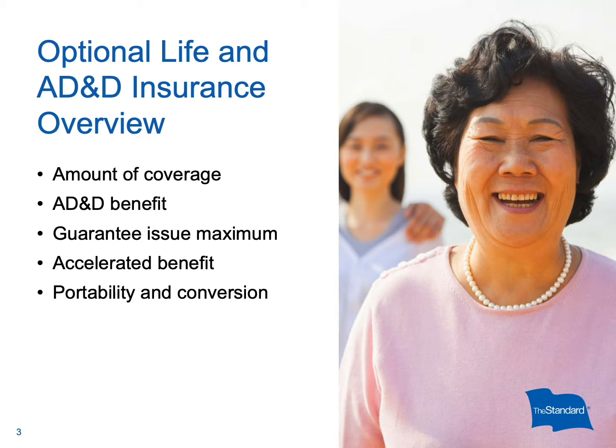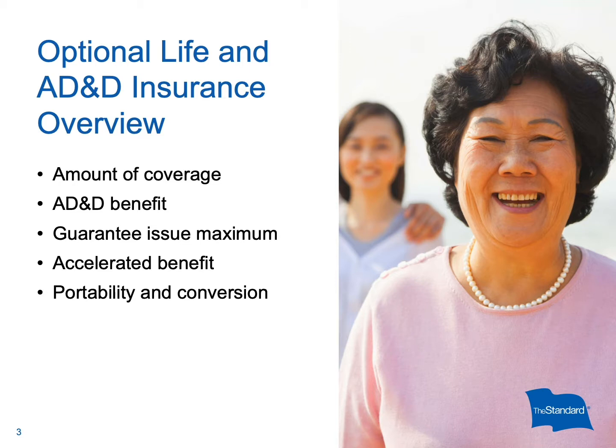This benefit is payable if you die as the result of a covered accident. Part or all of the benefit may be payable if you suffer a dismemberment as a result of such an accident. The percentage payable is described in the covered loss table in your certificate of insurance. You may elect AD&D coverage in increments of $10,000 from $10,000 to $500,000.